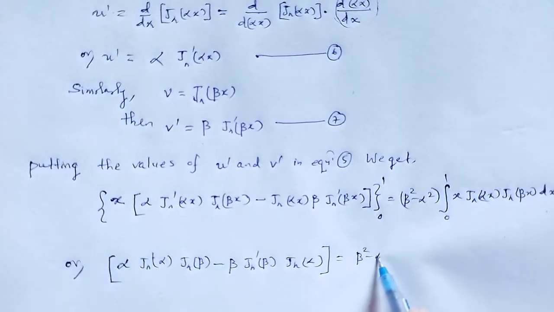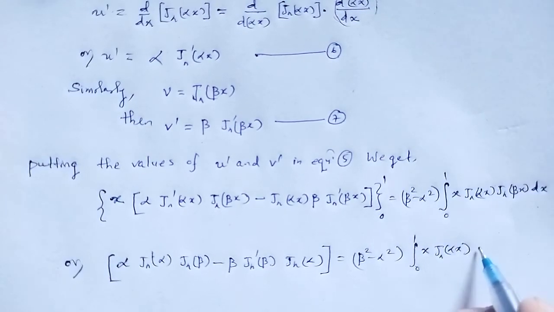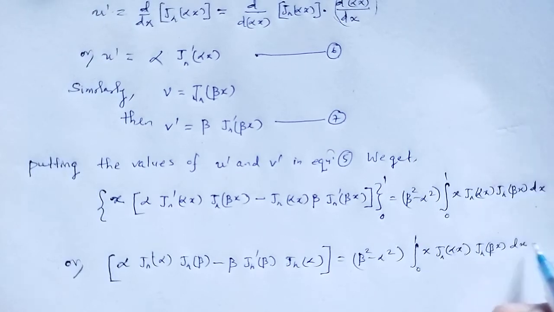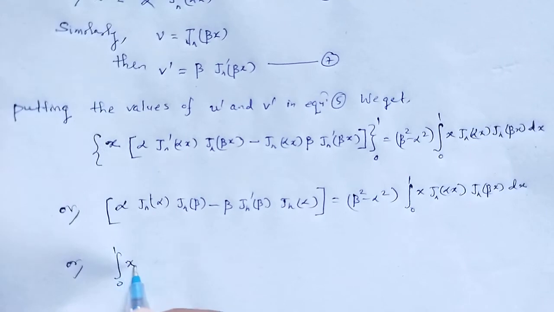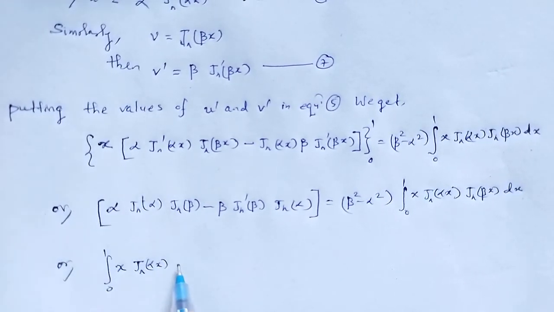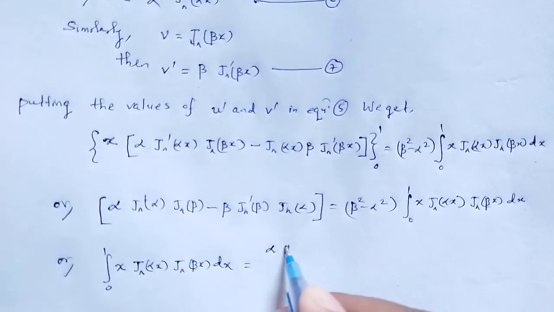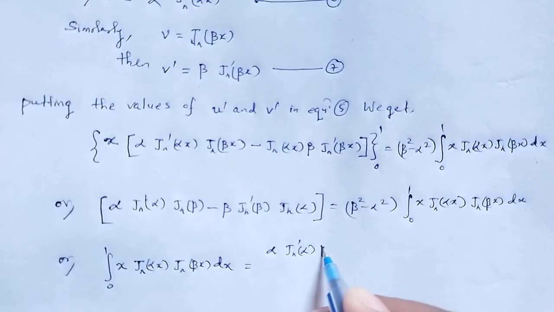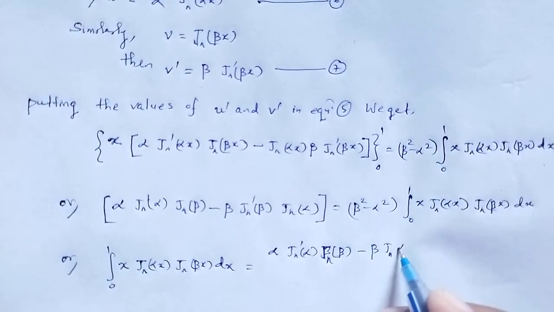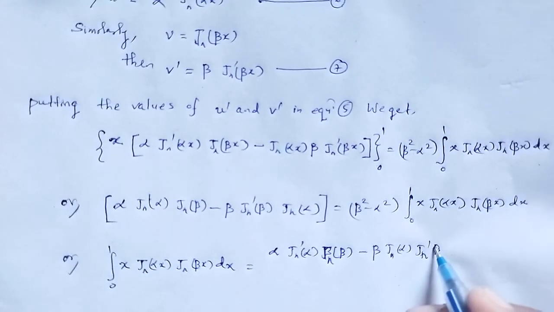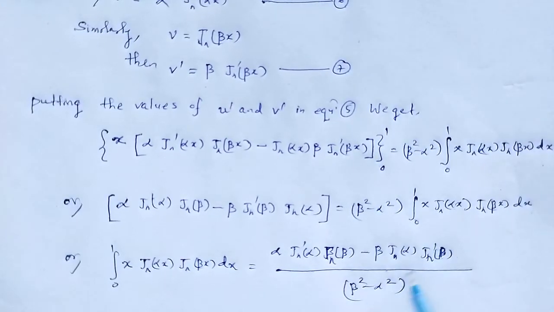It is equal to beta square minus alpha square of integration from 0 to 1 x Jn of alpha x Jn of beta x dx, or integration from 0 to 1 x Jn alpha x Jn beta x dx is equal to alpha Jn dash alpha Jn of beta minus beta Jn of alpha Jn dash of beta, divided by beta square minus alpha square here.